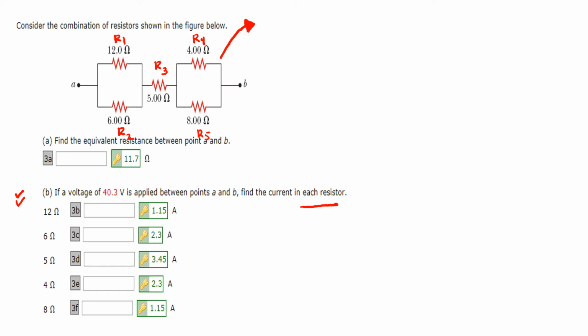And we could redraw this complex circuit into a much simpler series circuit, wherein this is our R12, and we have here our R3, and this is our R45, where R45 is a combination of resistors 4 and 5 in parallel.